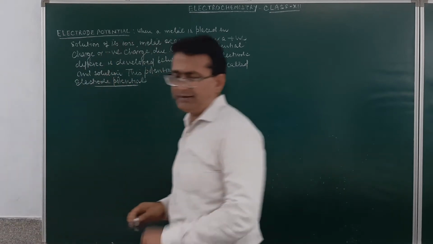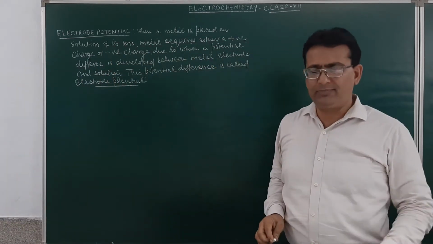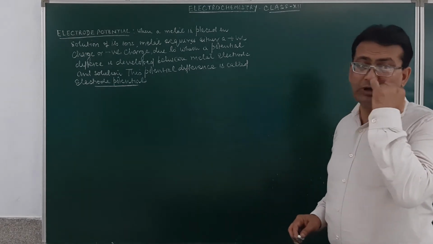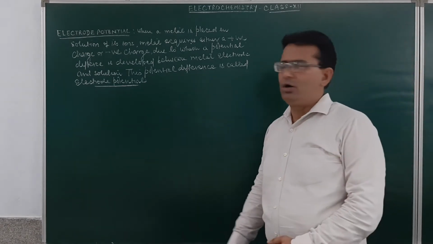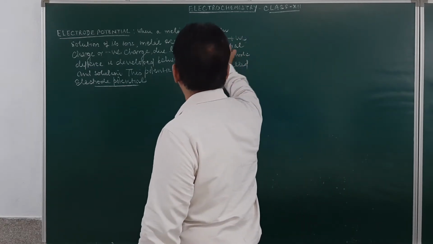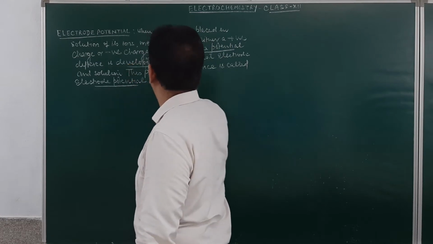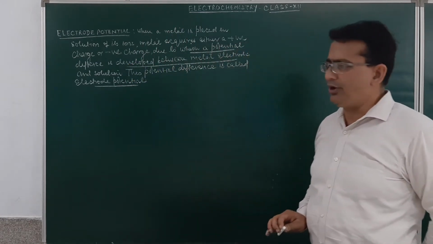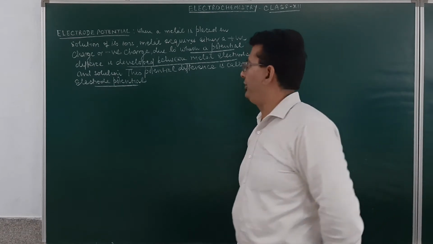So when a metal electrode is placed in the solution of its ions, the metal will acquire either a positive charge or a negative charge, due to which a potential difference is developed between the metal electrode and solution. This potential difference is called the electrode potential.